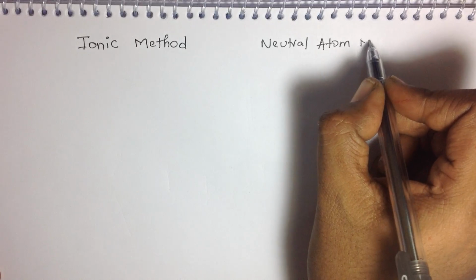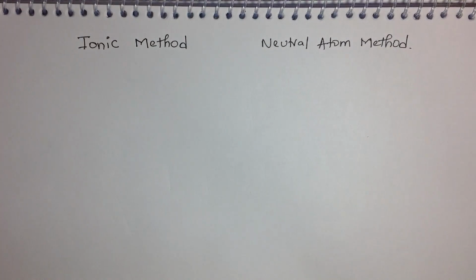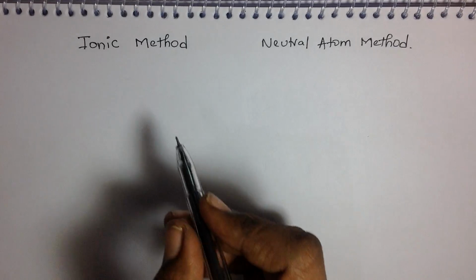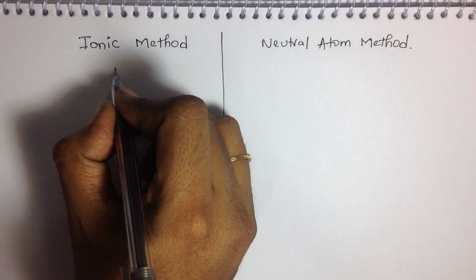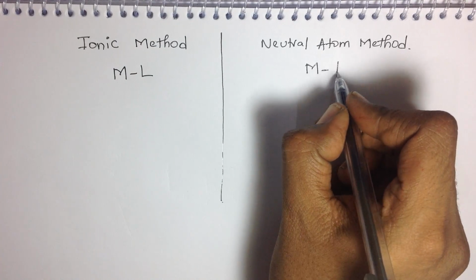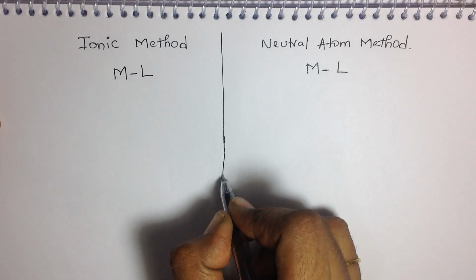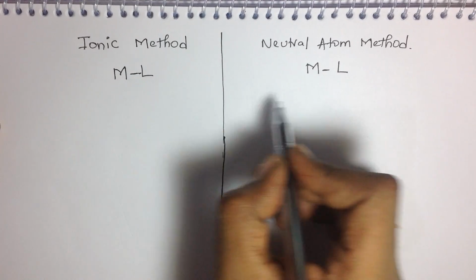We can follow either method to calculate the electronic contribution of a ligand to the metal. Suppose this is the metal-ligand bond. Let us see how the distribution of electrons by the ligand to the metal varies in the two methods.